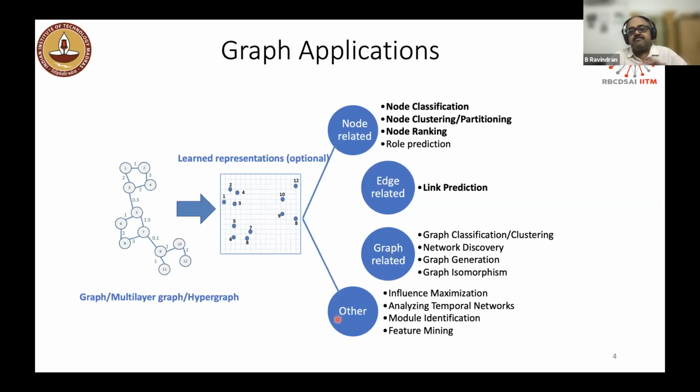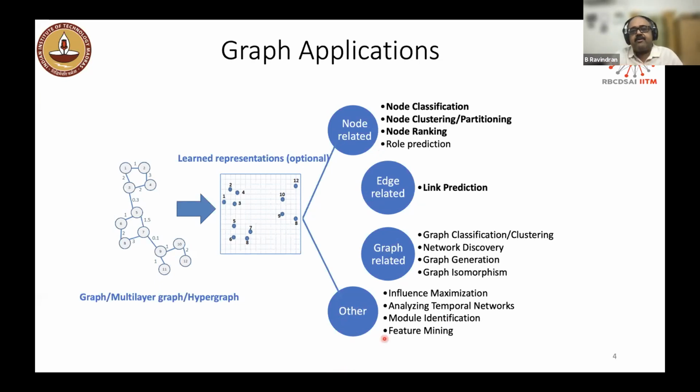Or it could be other kinds of properties or dynamics on the graph, like looking at certain evolving processes on the graph and so on, which is more into the dynamical systems defined on this kind of a graph substrate. So these are the 4 different classifications I'm talking about.